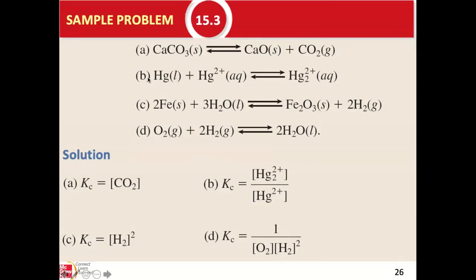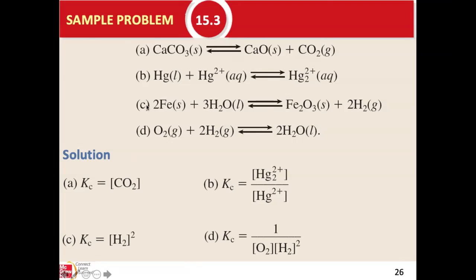In B, we did not include the concentration of a substance in a liquid phase. For B, you can see Kc equals the concentration of Ag2 2+ in aqueous solution over the concentration of Ag+, also in aqueous solution. So we are excluding substances in a solid and liquid state from the Kc expression.